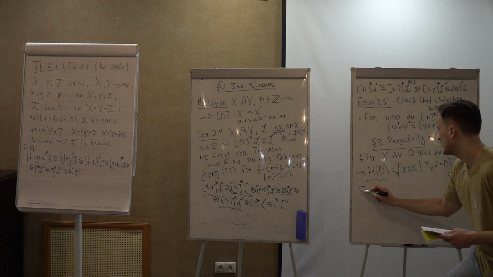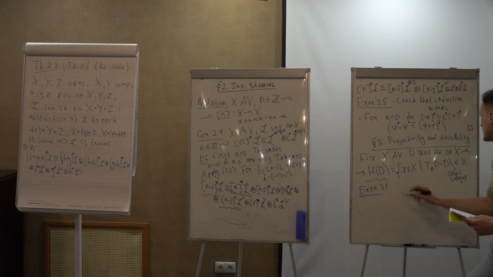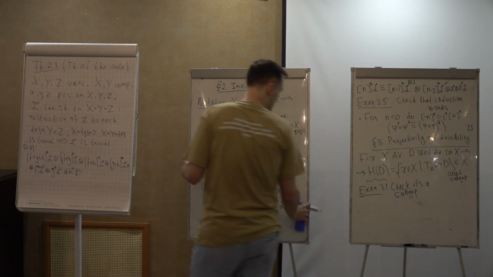That's pretty easy, but just in case, an exercise to check that it's a subgroup. But this is just a stabilizer. You can also prove that it's closed, but I don't really want to waste time on this.